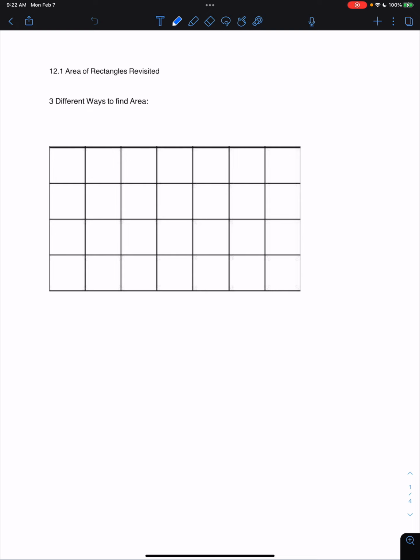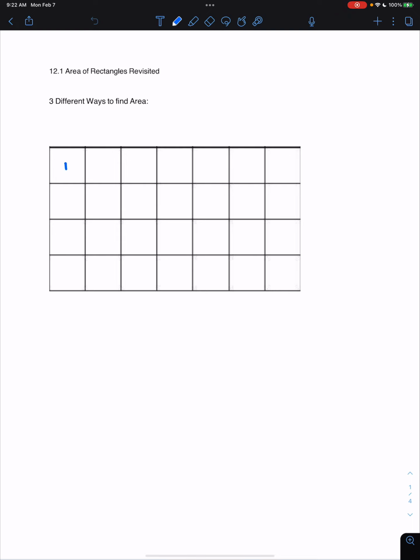So the first way to find the area of a rectangle, especially here when I have all of the boxes, the interior squares, square units of this rectangle lined out for you, we could count them up.